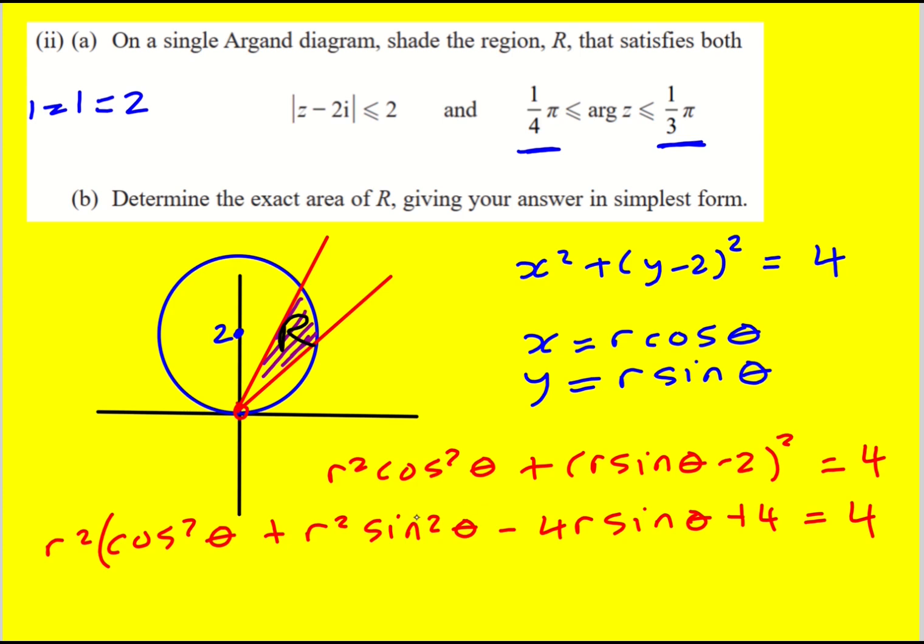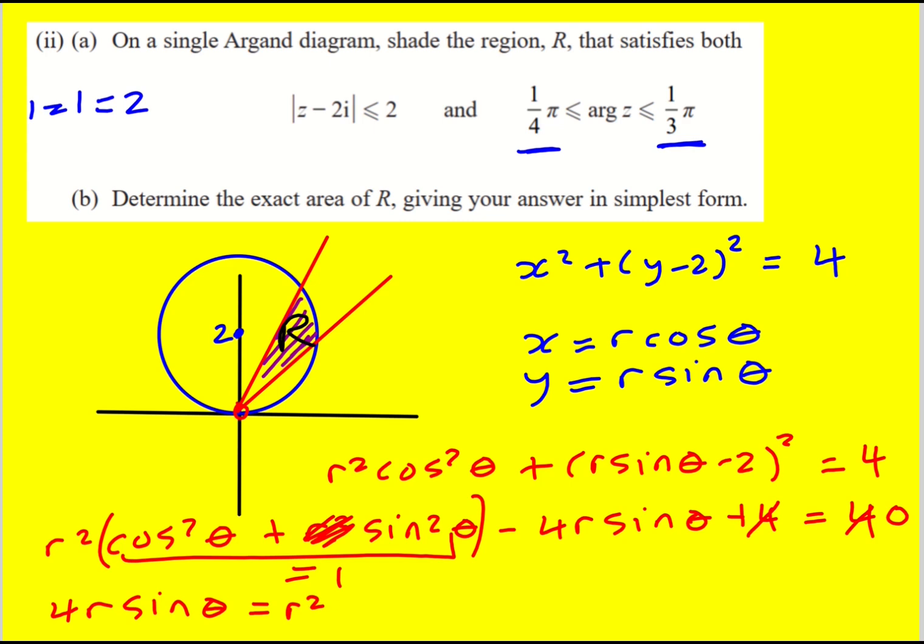This I can end up factorizing, and then I get 1. The 4's cancel, and so suddenly I've got 4r sine theta equal to r squared, and therefore r is going to equal 4 sine theta.